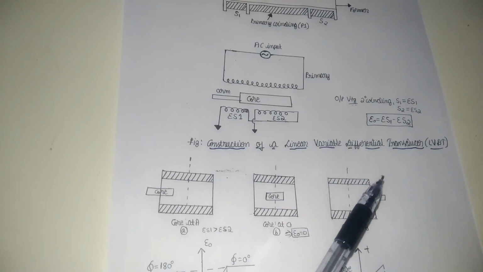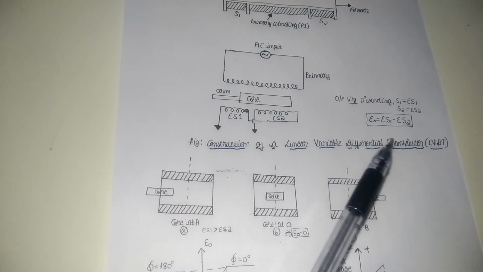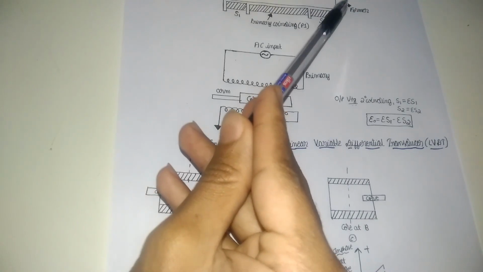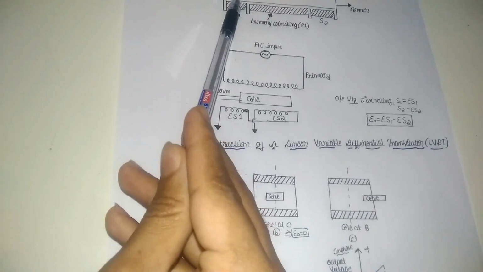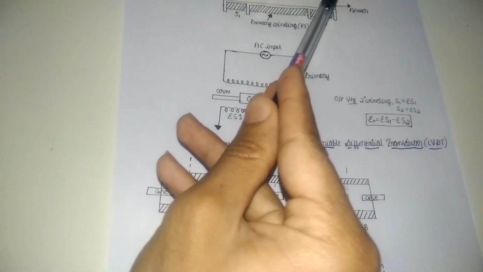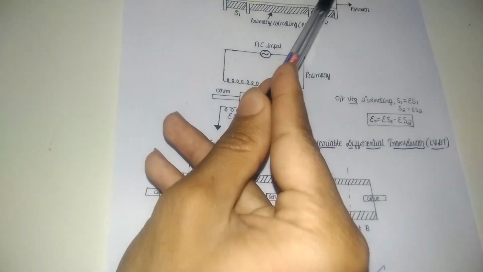Similarly, if the core is moved to the right side of the null position, more flux is linked with S2 than S1. Therefore S1 links with less flux, and ES2 is in phase.